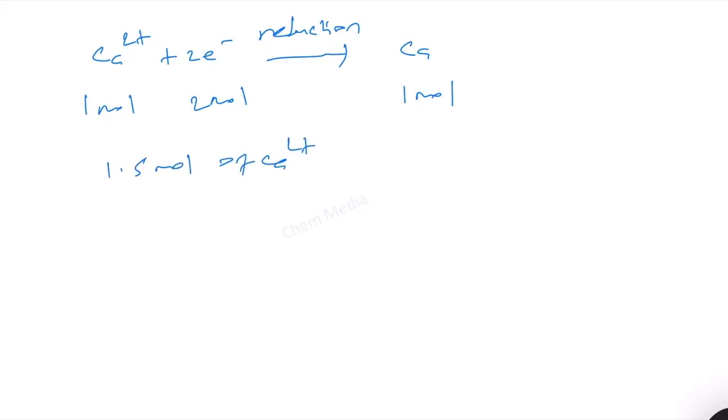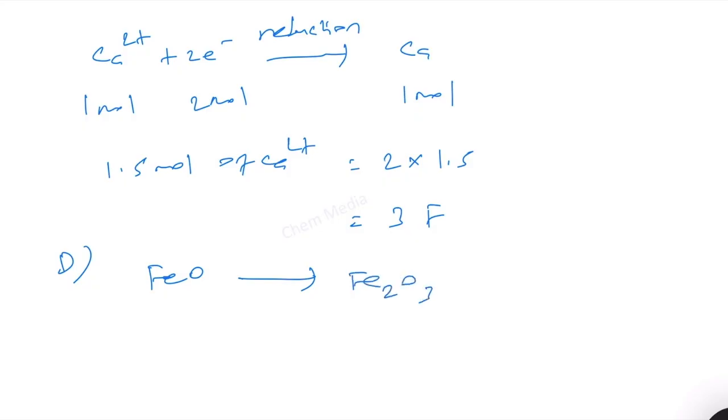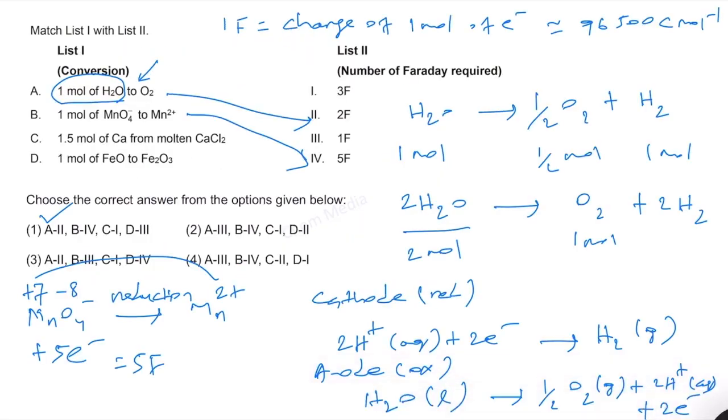And therefore, 2 times 1.5, and that will be equal to 3. That means 3 Faraday. And then in option 4, ferrous oxide is becoming ferric oxide. That is an oxidation reaction, because here it is plus 2, here it is plus 3. That requires only 1 mole of electrons. Therefore, C matches with 1 and D matches with 3. Therefore, the correct choice is option 1 here.